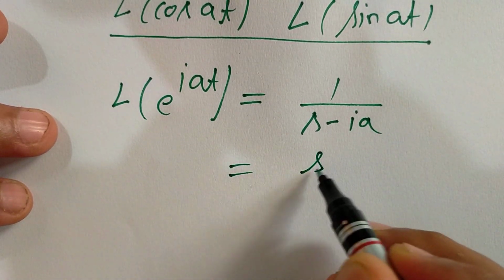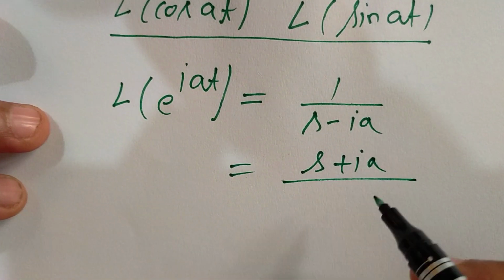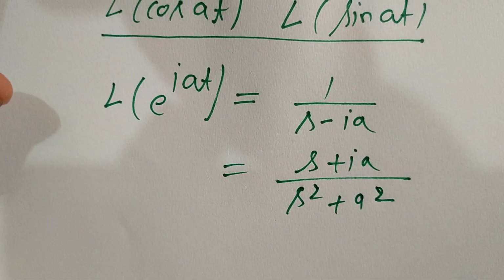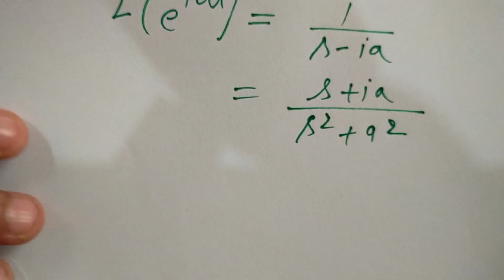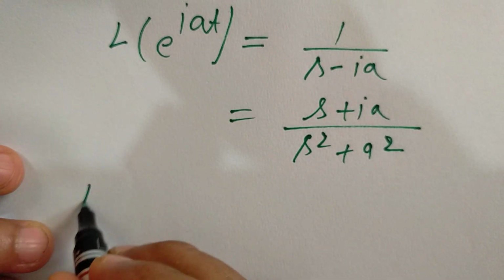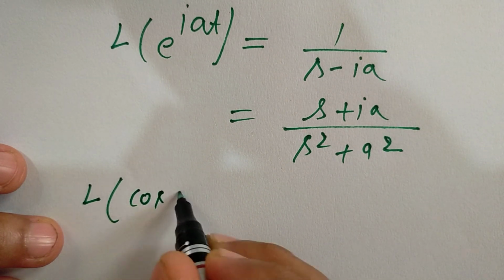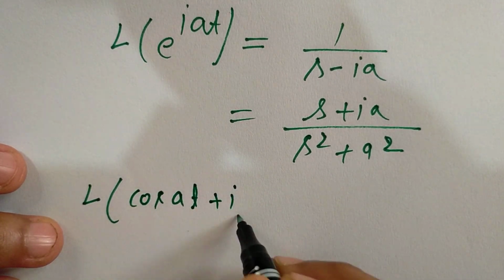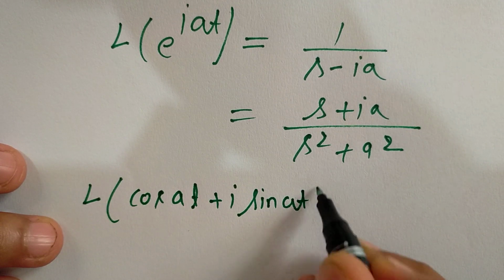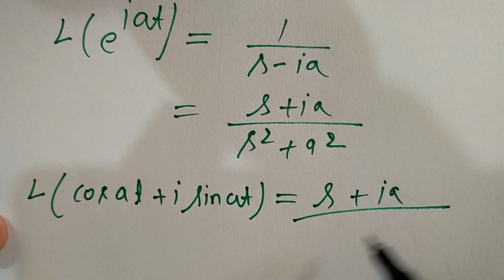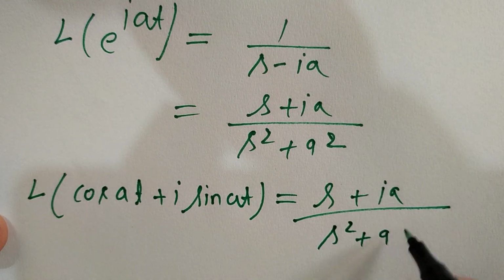So this will be s plus ia by s square plus a square. And on the left hand side, e power iat will be cos at plus i sin at, equal to s plus ia by s square plus a square.